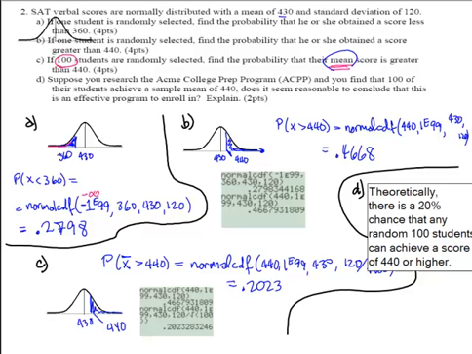So if you think that that is a small probability, then this might be something special that this particular group has.